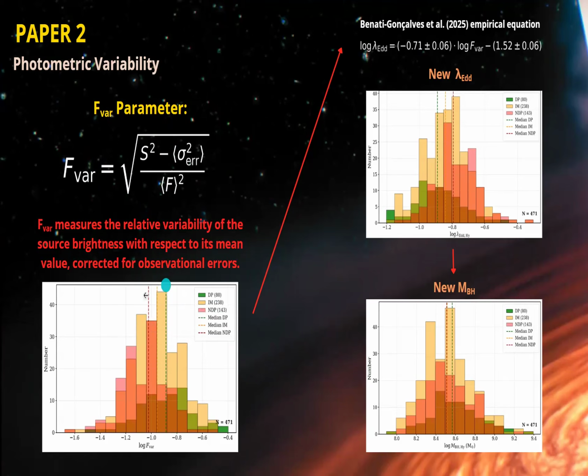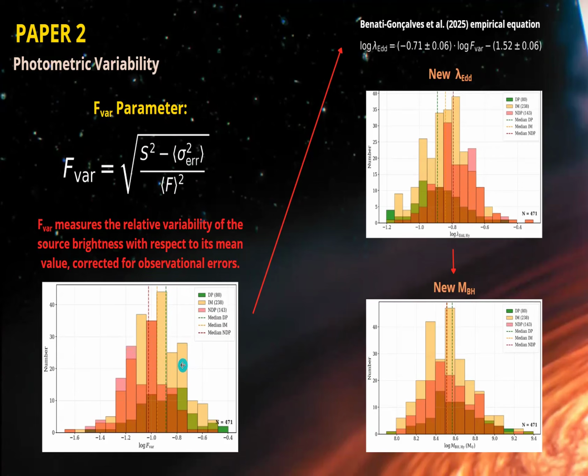But this time, we did not attribute this segregation to the inclination, because the anticorrelation between Eddington ratio and variability is already well known in the literature.